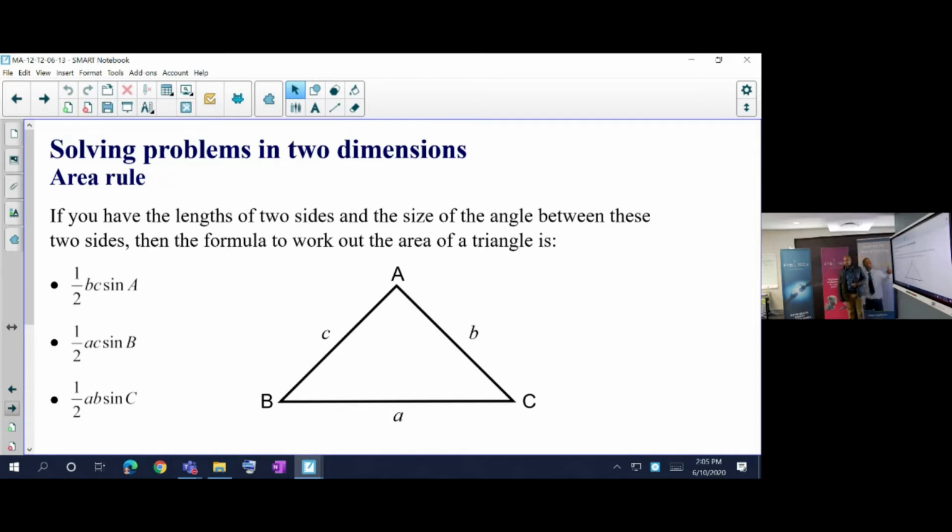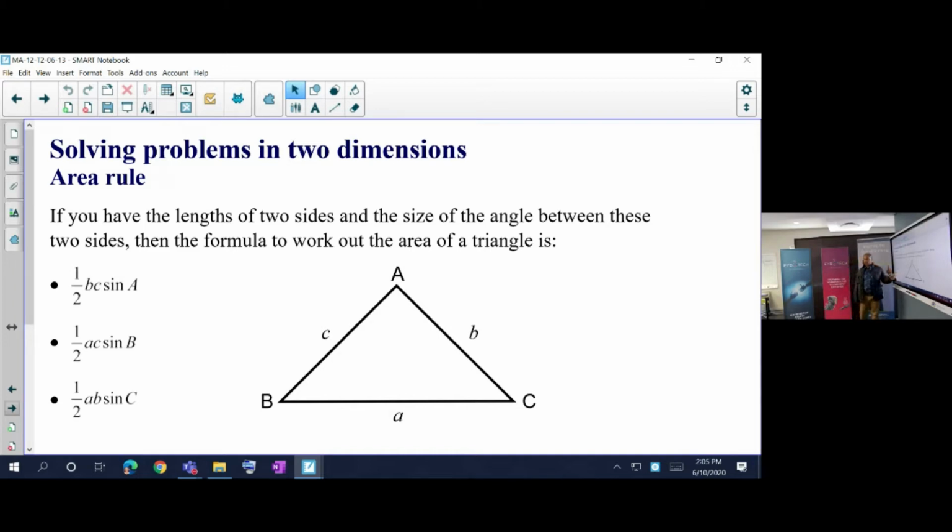This is going to be our grade 12 formula. And there are 3 variations of the formula. If you have the lengths of 2 sides and the size of an angle between these 2 sides, then you can use these formulas to work out the area of that triangle.